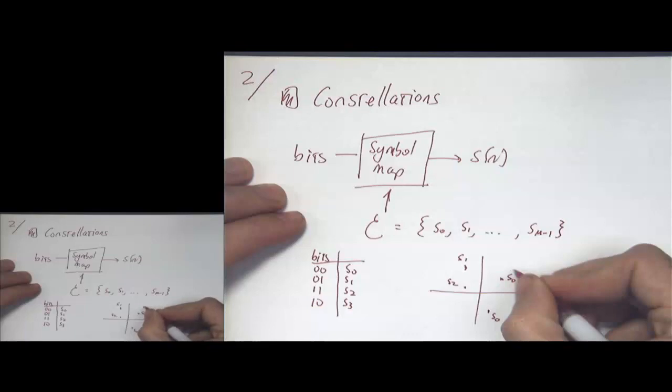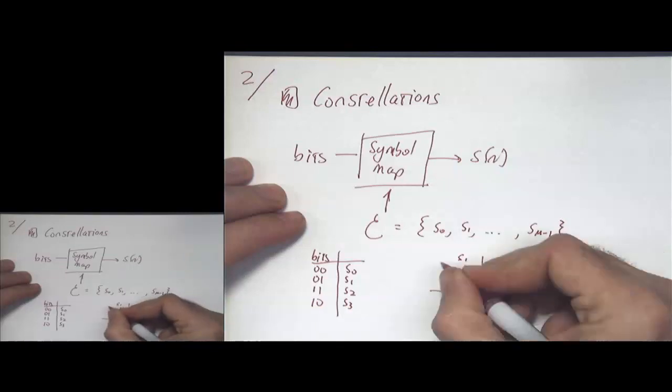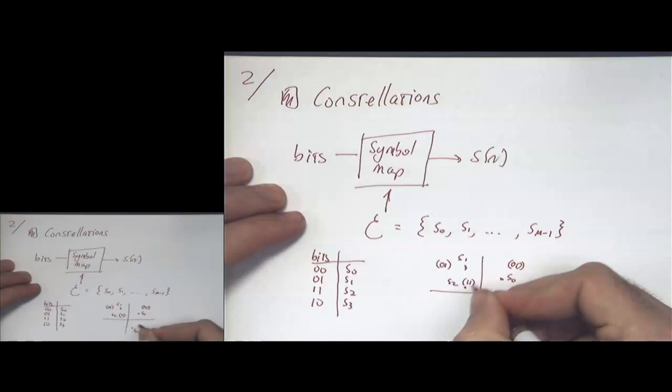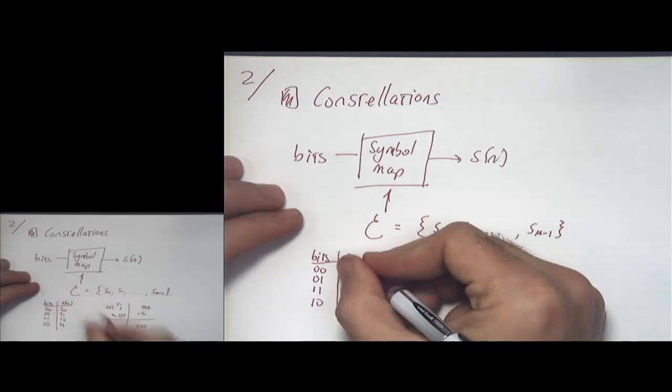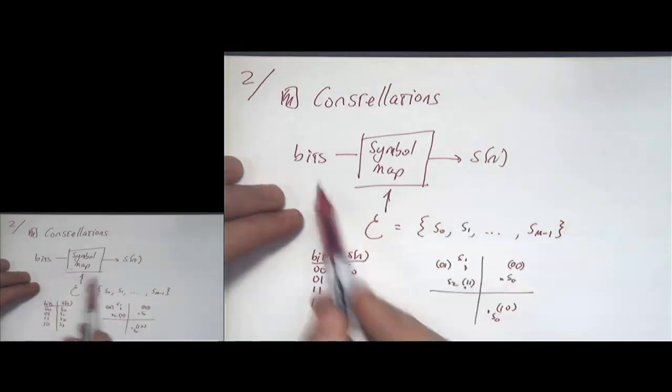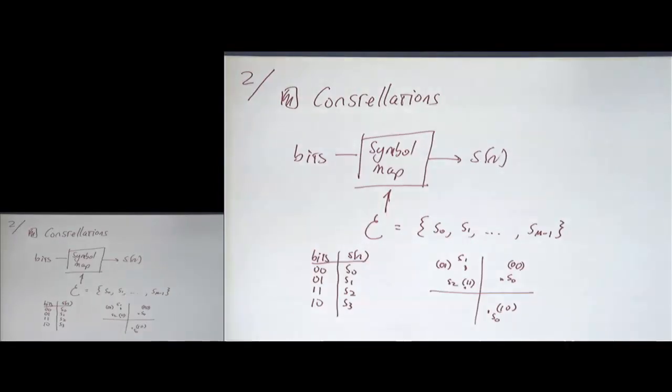And we could label these. And so the bit labeling just tells us how the bits produce this S of n here. So that's the symbol mapping idea.